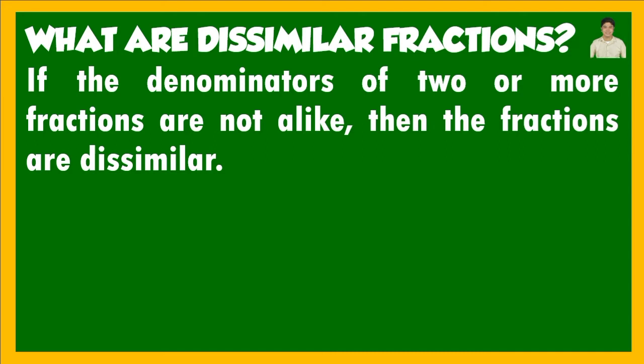So on the other hand, kapag yung ating mga denominators ay magkakaiba, considered po sila as dissimilar fractions. So kapag pare-parehong numerator, hindi na po natin pwedeng sabihin na similar fractions sila. It's because we are looking only at the denominators of the given fractions. Hindi natin kina-consider yung mga numerators.